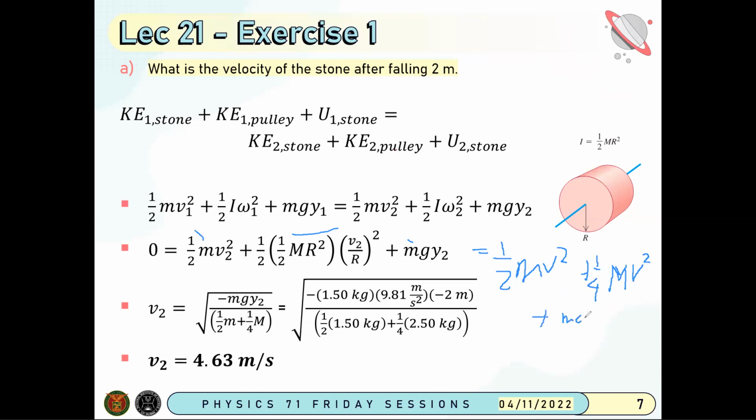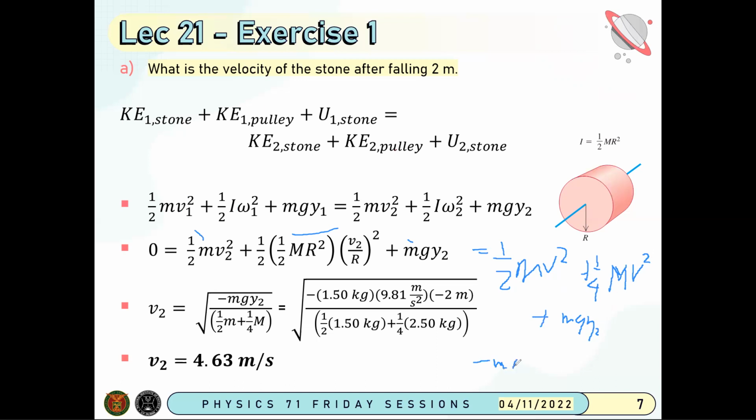Plus mg y2. Okay. So with this, we can combine 1/2 plus 1/4, 1/2 m plus 1/4 M. Then the mgy2 goes to the other side because the left side is 0.